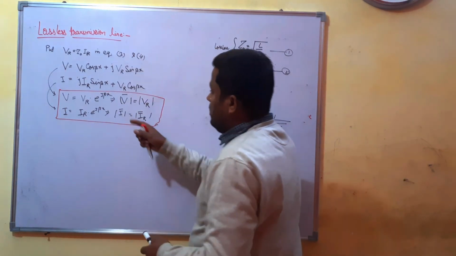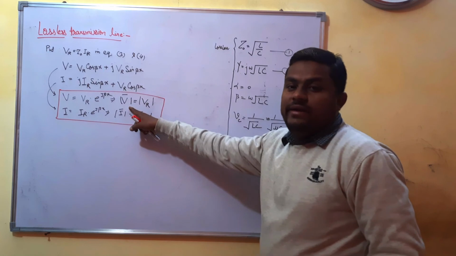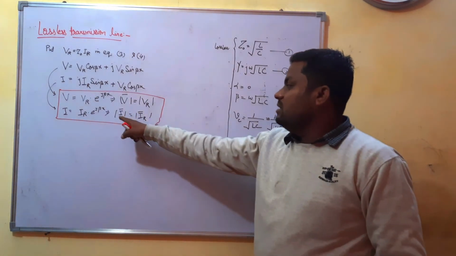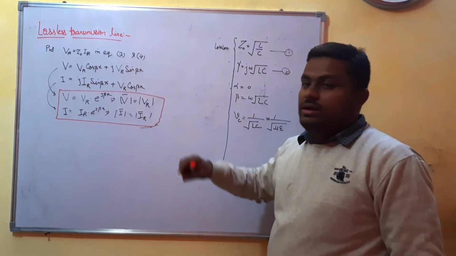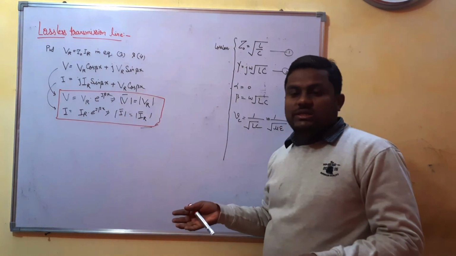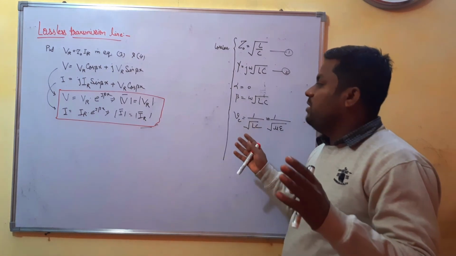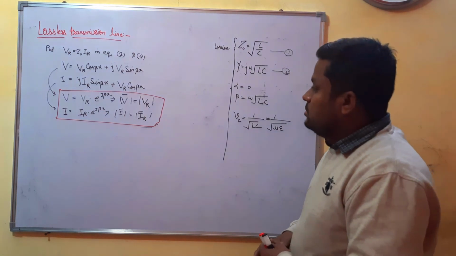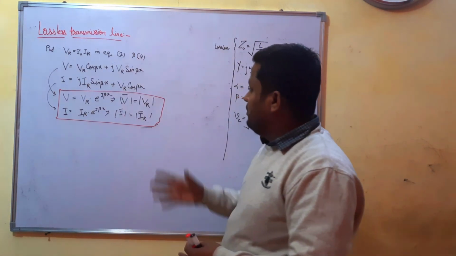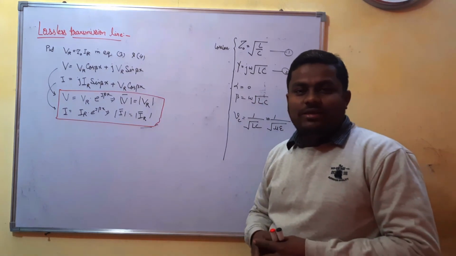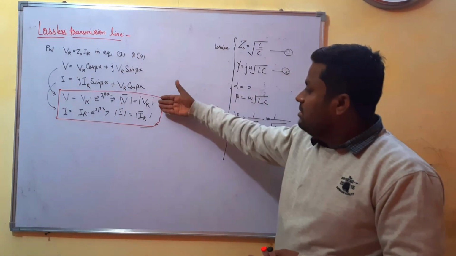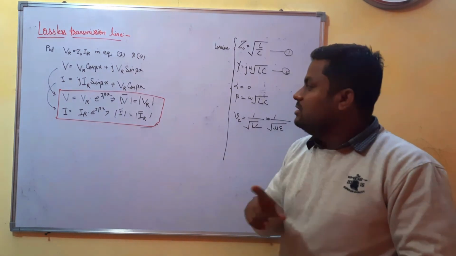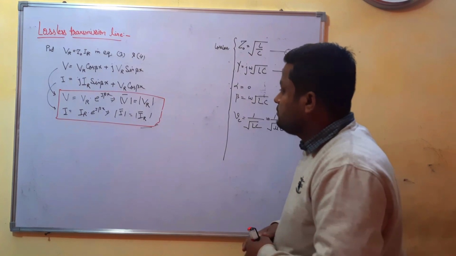So here voltage at any point of the line is equal to the receiving end voltage, and current at any point is equal to the receiving end current. So voltage is not changing, that is a flat voltage profile. Voltage is constant all over the line. This is very good because there is no voltage drop across the line, but the condition is that ZL should be Z0.